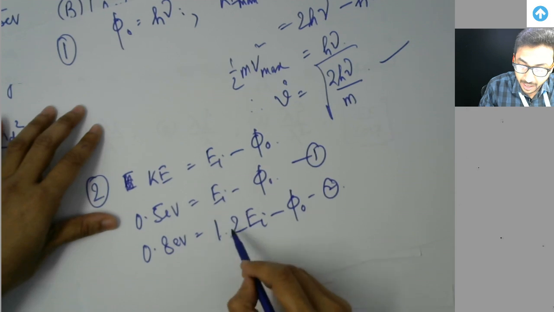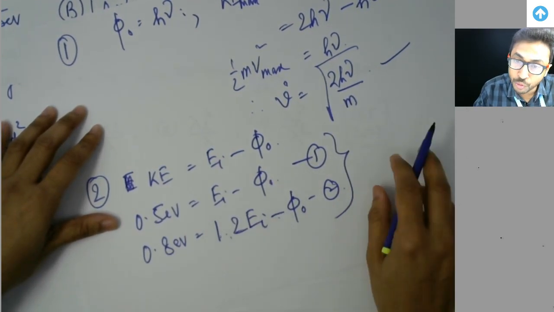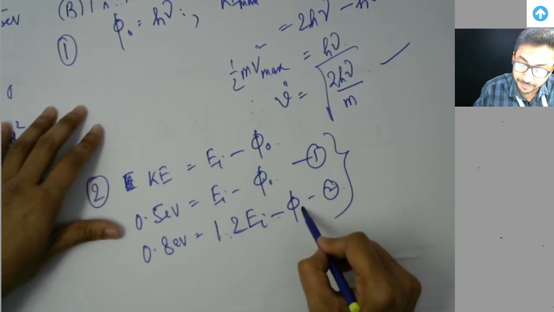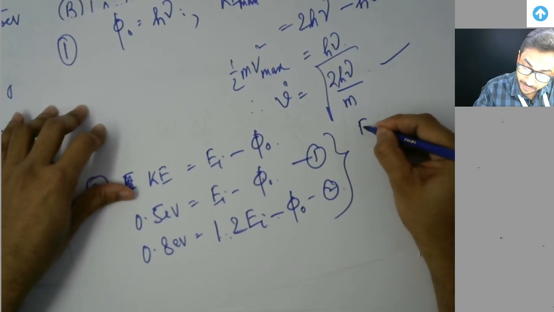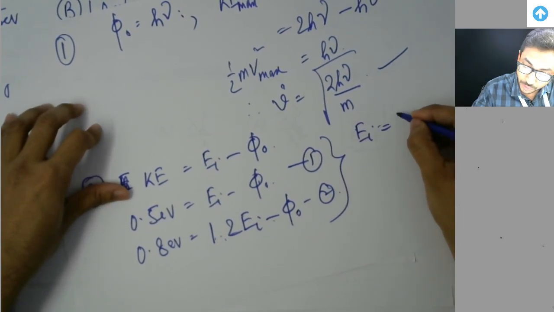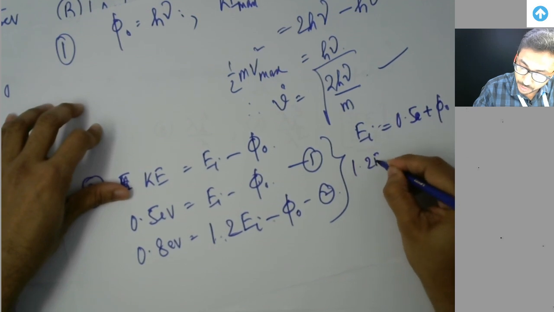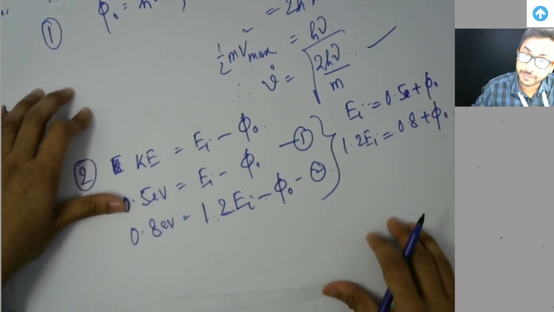Now these are two simultaneous equations with two unknowns. We have to find phi 0. We can write E_I equals 0.5 plus phi 0, whereas 1.2 E_I will equal 0.8 plus phi 0.